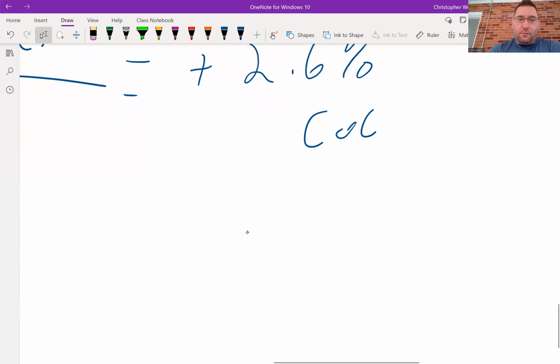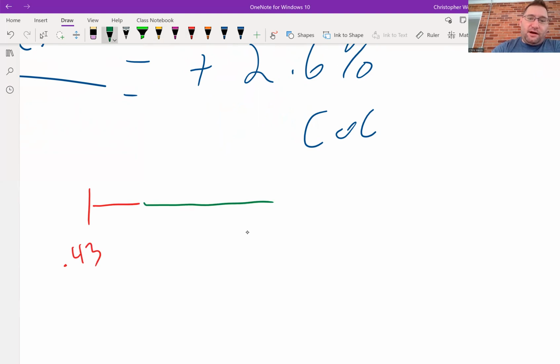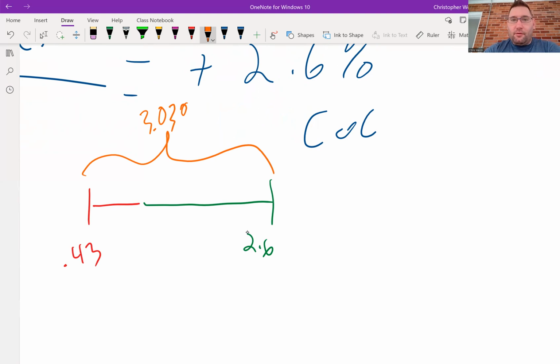So basically what I'm trying to show you is that we went from a negative of 0.43 to a positive of 2.6. This total of cash on cash return is 3.03%. So what this tells me, I'm going to stop sharing my screen now.